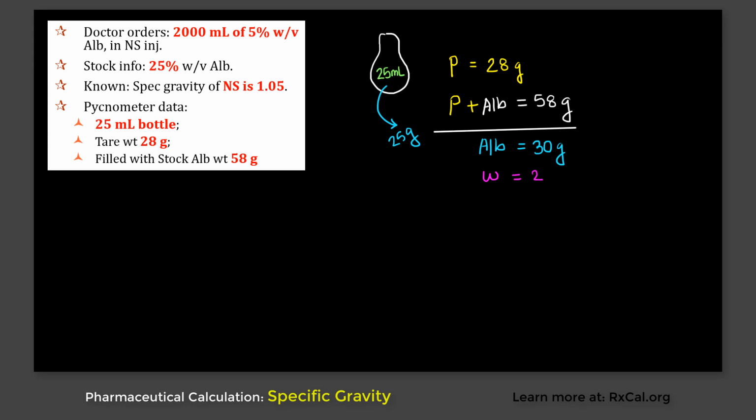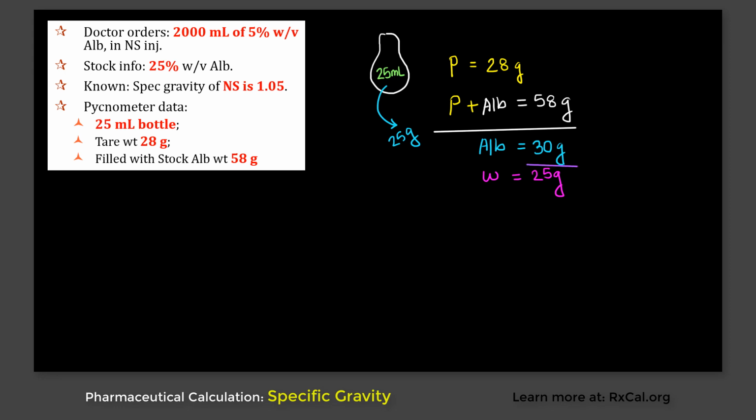is 25 gram. Now if you look at the definition of specific gravity, the specific gravity of any substance is the ratio of its own weight and the weight of water occupied by the volume of that substance. In other words, in this case, the specific gravity of albumin will be 30 grams divided by 25 grams.